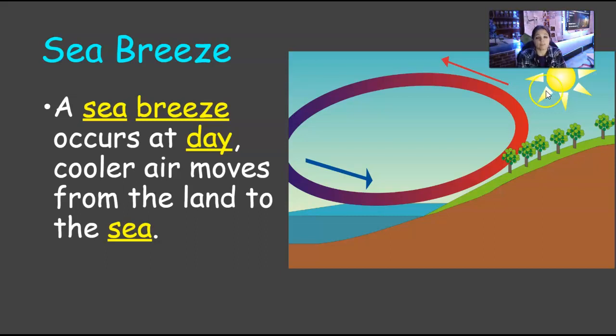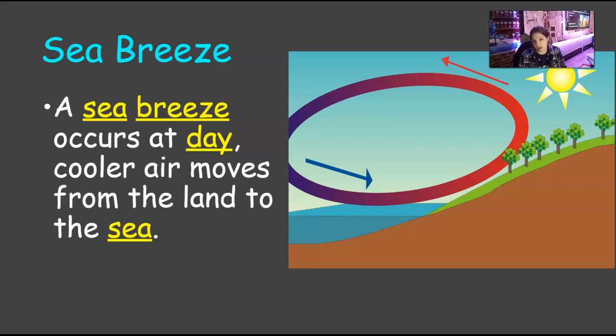Why does this happen? Well, the land heats faster than water due to heat capacity. And because it heats faster, the air over the land gets warmer faster. So it rises up and it goes out over a body of water. And over that body of water, it's cooler. So the air loses the warmth.